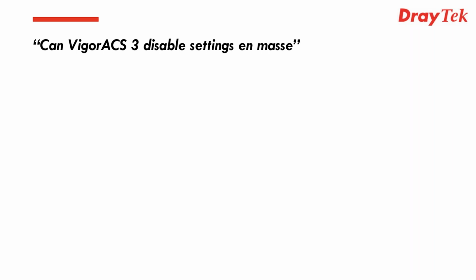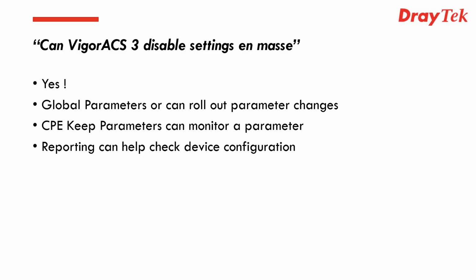So for everyone that's on this webinar today, just to give a quick brief summary of what ACS is so everyone is aware of it. Vigor ACS is DrayTek's central management platform for managing all DrayTek devices, whether that be the routers, switches, access points. These devices are managed using the TR069 management protocol, and every device will have its own configuration options specific to that model.